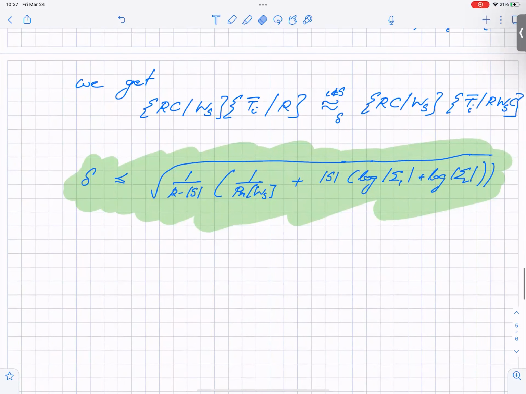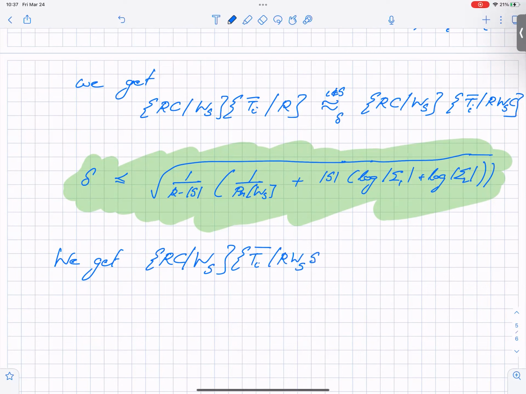So we get the following. The right hand side, I'll copy it as it is. Let's write it this way: RCWS, Ti bar, RWSC. This is what I had.